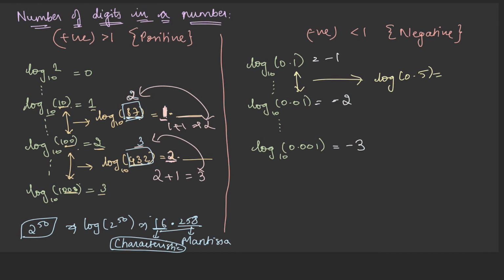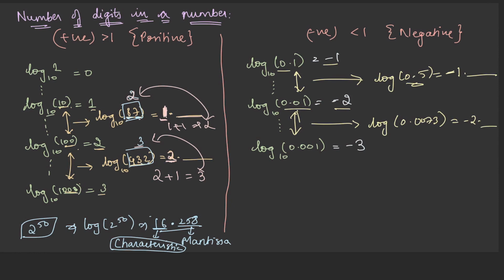Since log of 0.1 is minus 1 and log of 0.01 is minus 2, and 0.5 lies between 0.1 and 0.01, we get minus 1 point something. Then for a number between the next two values, log of 0.0073, we get minus 2 point something.